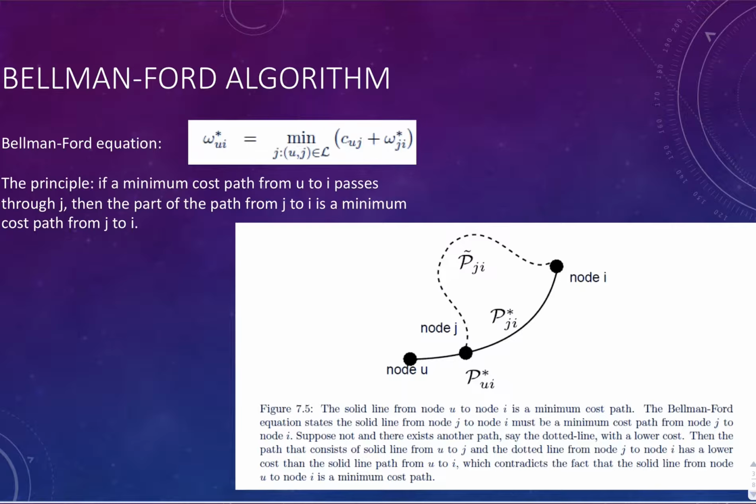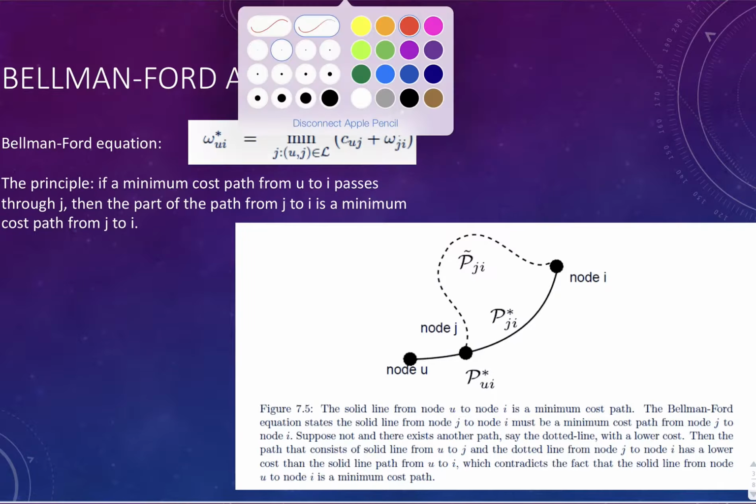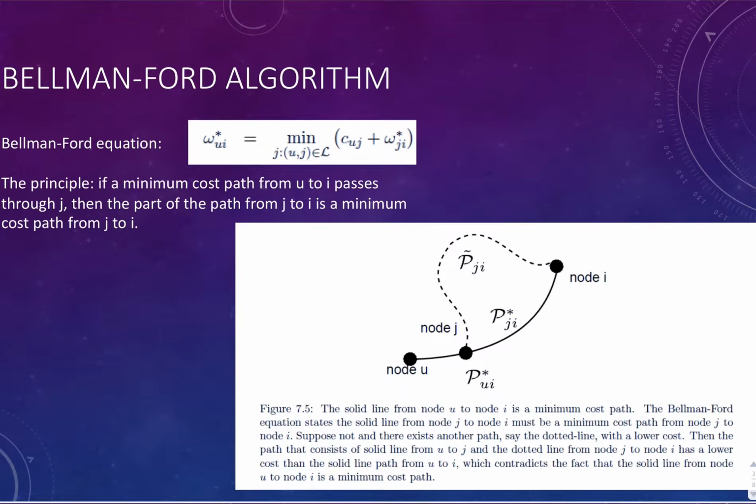So W_UI star is the currently best known cost from node U to node I. And this is updated as the minimum out of all nodes J that are neighbors of node U. Neighbor of node U means there's a link between node U and node J. Okay.